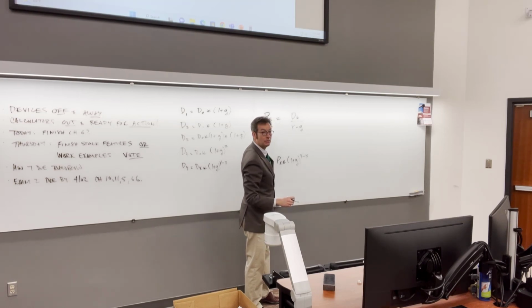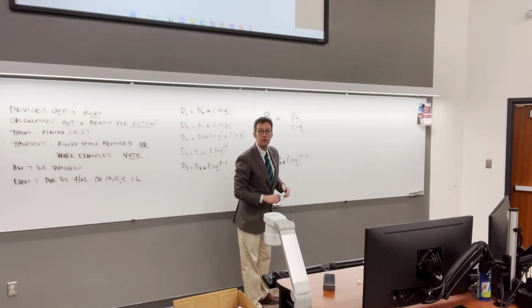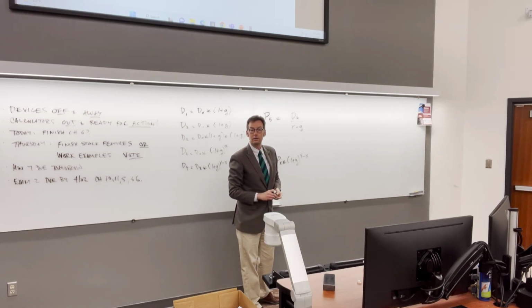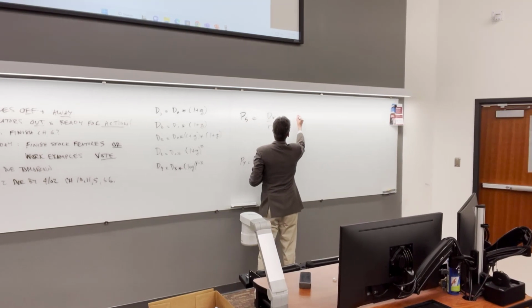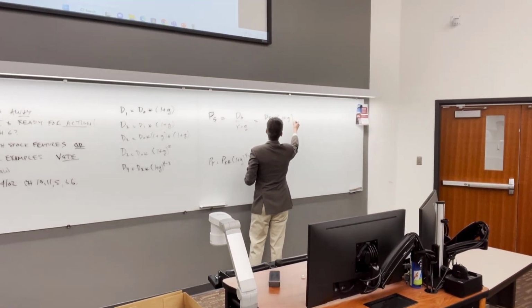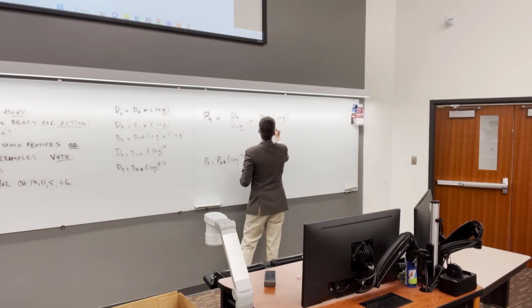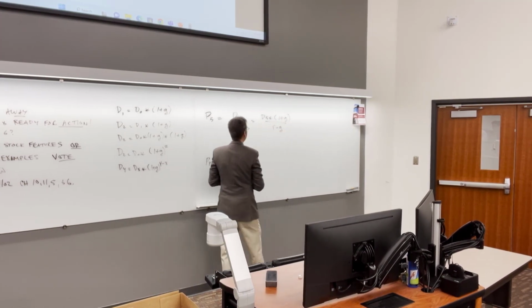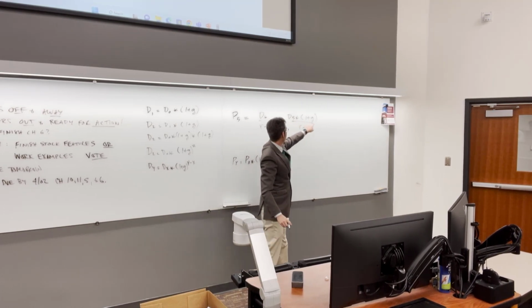We don't have D6, but we have D5. So I can substitute D5 times 1 plus G divided by R minus G.